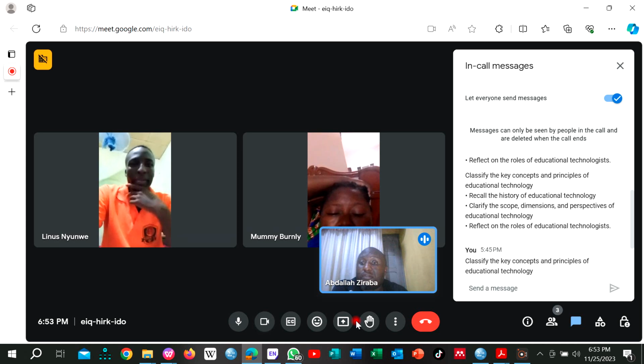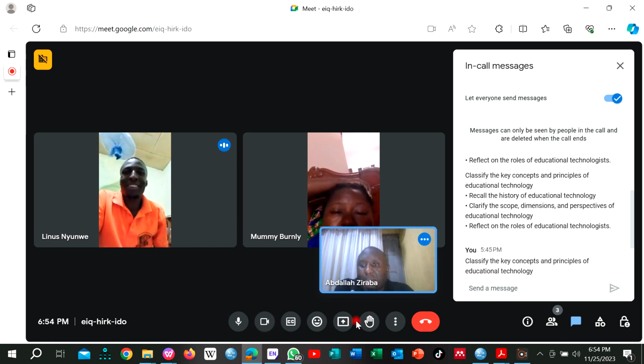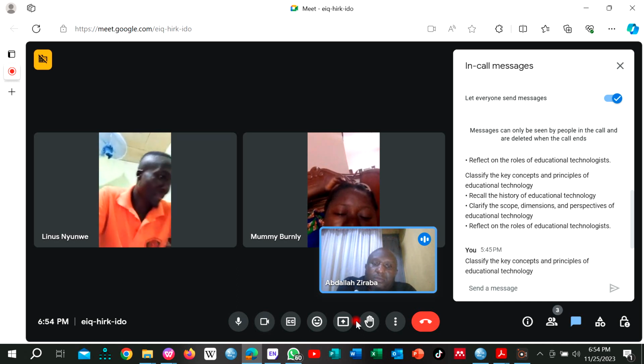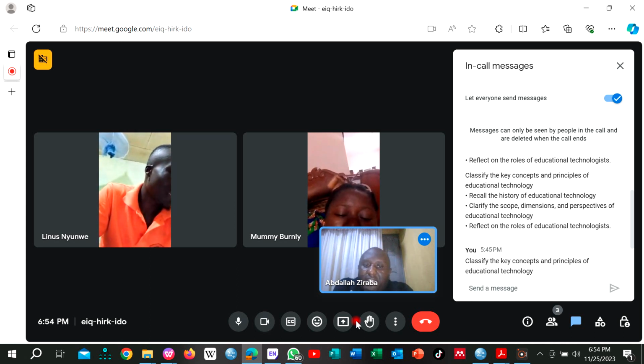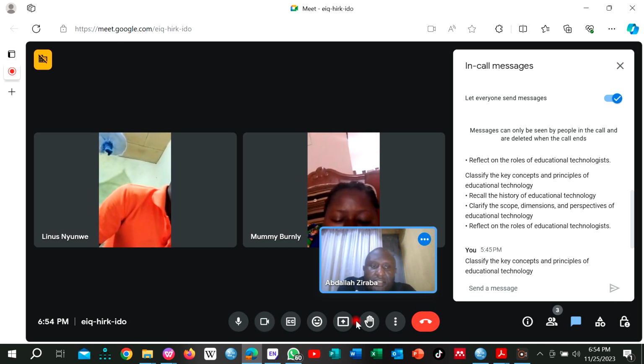So when you have not been using it, they may require that you log into your Google account, which should not be a problem. Okay. I know some people always forget their passwords, but I think it should not be a problem. The beauty is that when you log in for the first time, the second and subsequent times you don't get the challenges. Okay, sir.